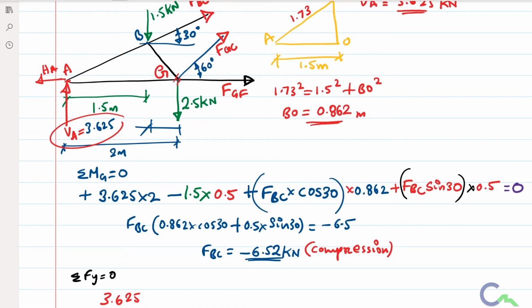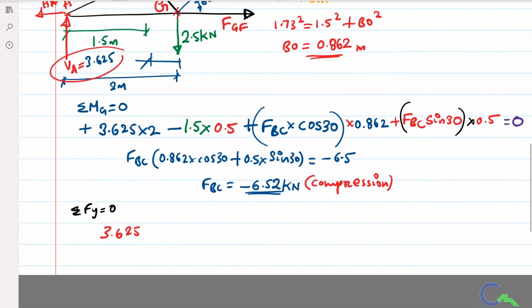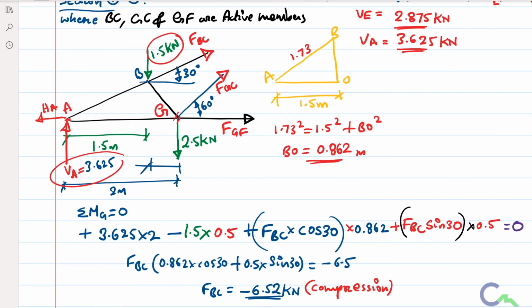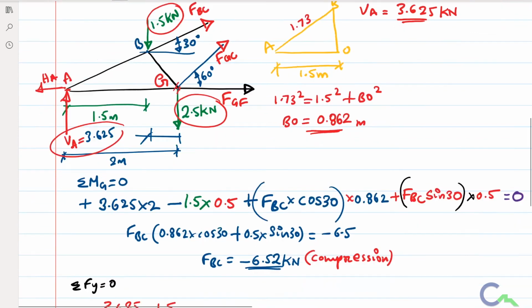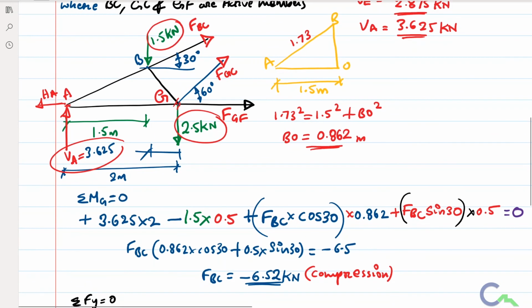Then 1.5 is acting downward, so I will take minus 1.5. Then we have one more force, 2.5, which is given in the question, acting downward, minus 2.5.